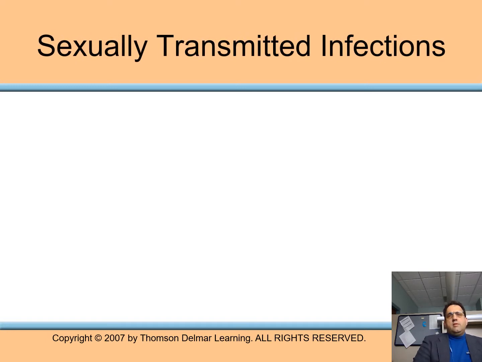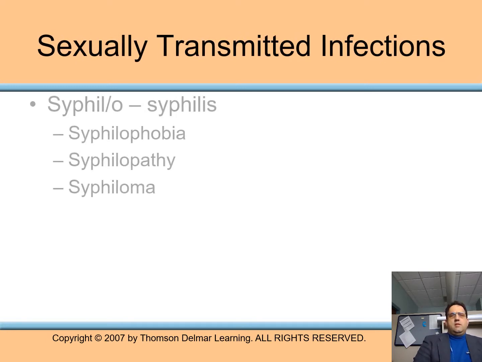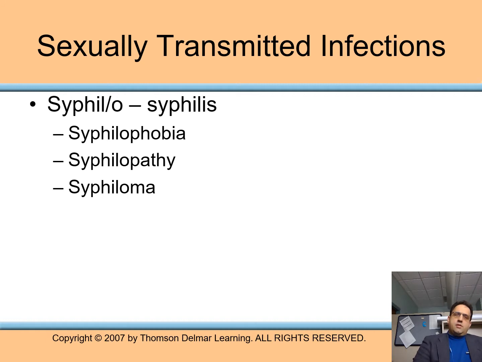Sexually transmitted infections or diseases. Syphilis is a bacterial disease that will cause cankers on your genitals, which at first will be painless and hard, later will ulcerate, and then eventually go away.